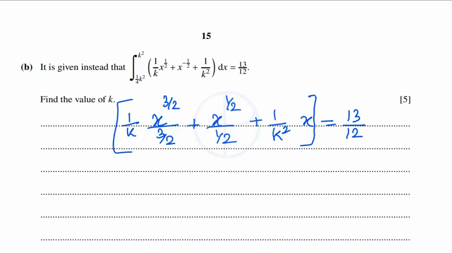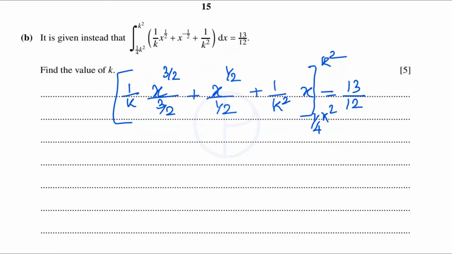And the limit is 1 over 4 k square to k square. First, let's simplify this one, then we'll apply the limit. So 2 over 3k multiplied by x power 3 over 2 plus 2 times x power 1 over 2 plus x divided by k square.